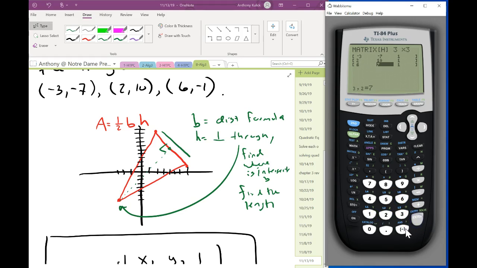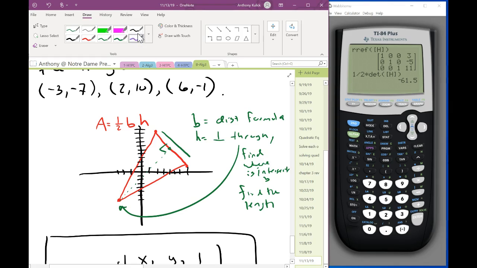And then I have 6, -1, and the last column is a 1. So now I'm going to do 1/2 times the determinant of that matrix. To get the determinant command, I'm going into the matrix menu and going to the Math tab. So that gives me -61.5.